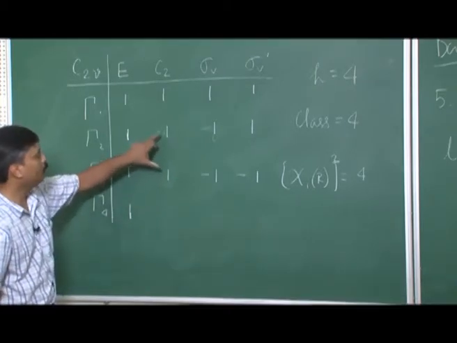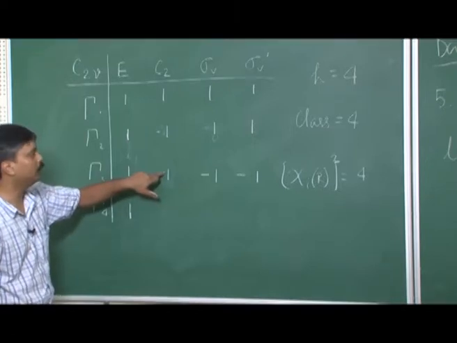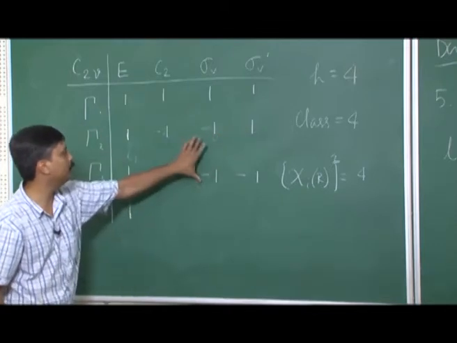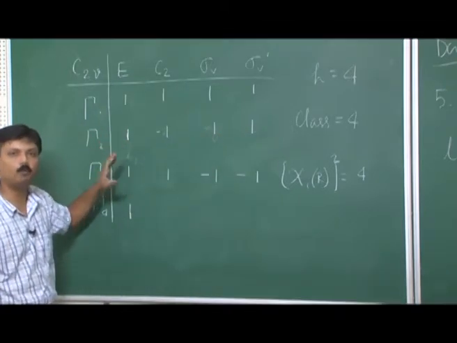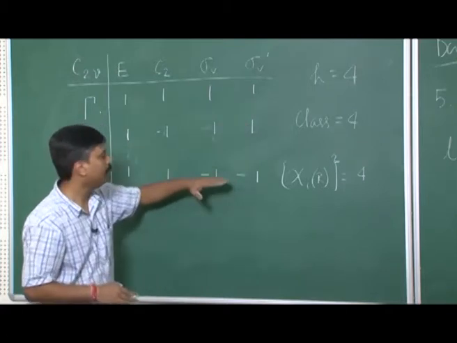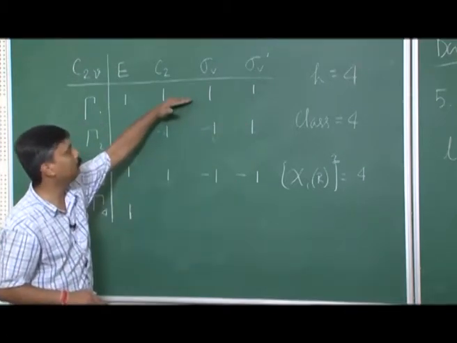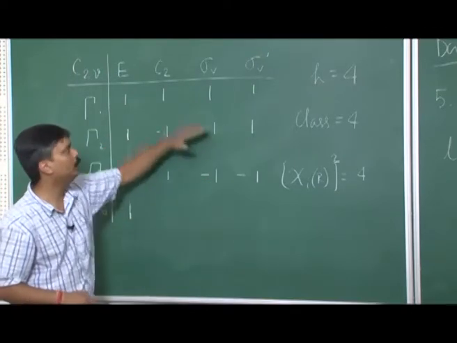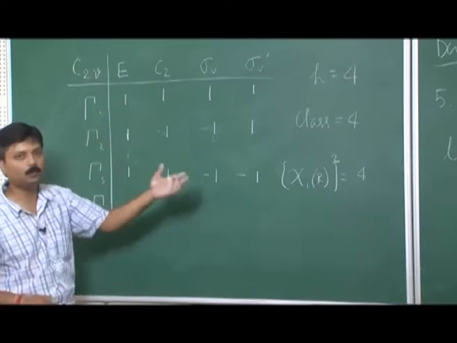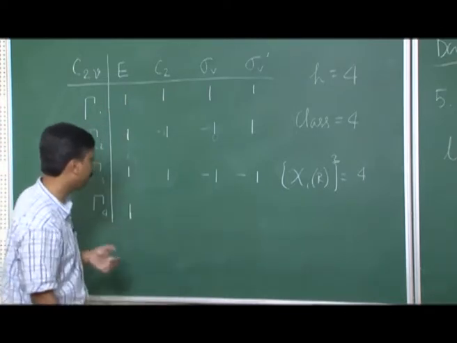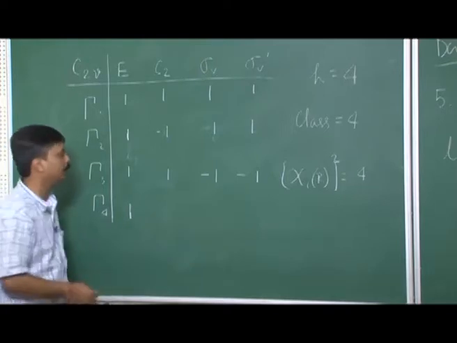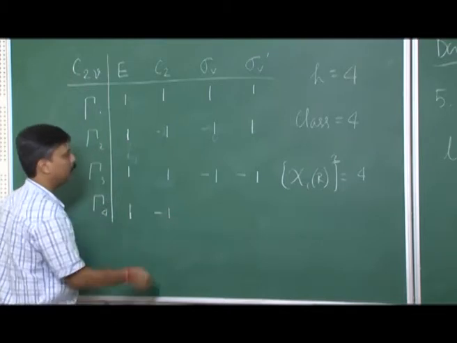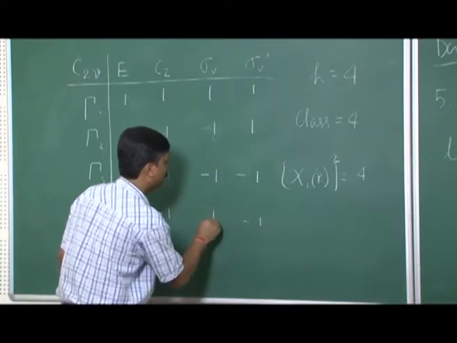Here minus 1 into 1 will give me minus 1, and here minus 1 into plus 1 will give me minus 1, and this combination and this combination will give me plus 1. So overall this multiplication will be 0. Again, if I check with this gamma 1, then obviously I can see that there are 2 plus 1s and 2 minus 1s. Combining with this IR having all plus 1s will give me 0. So I am left with the last one that I can fill up in this way: I make this one minus 1, this one minus 1 and this one plus 1.